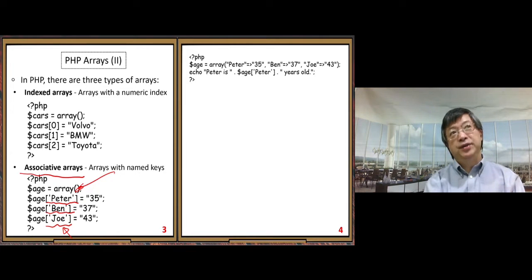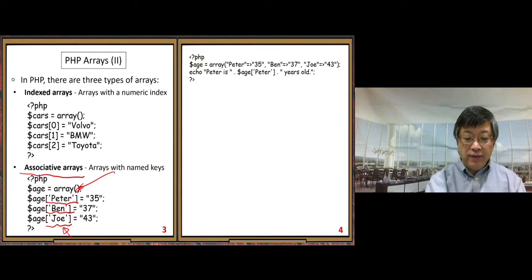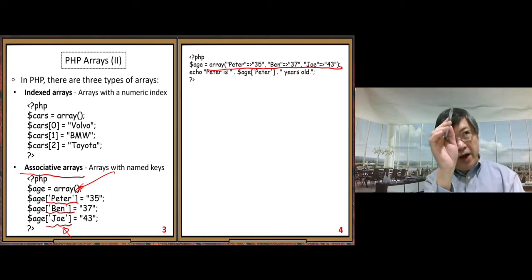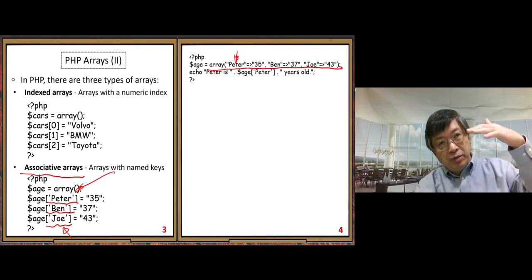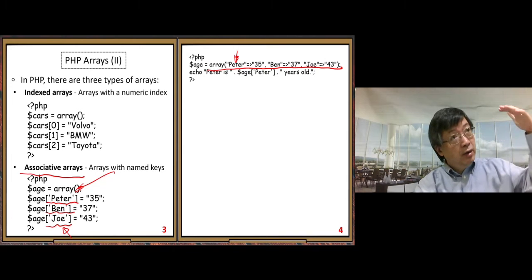Another way to define an associative array is this way, using the key value pair style. When you declare, you need to specify the key, then the equal-greater-than operator.